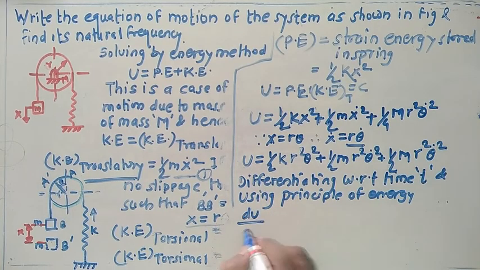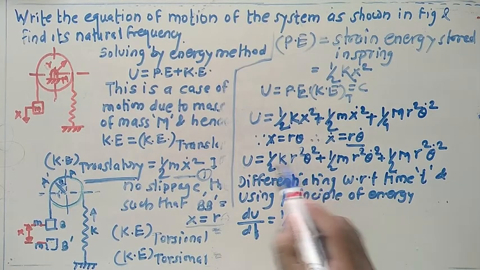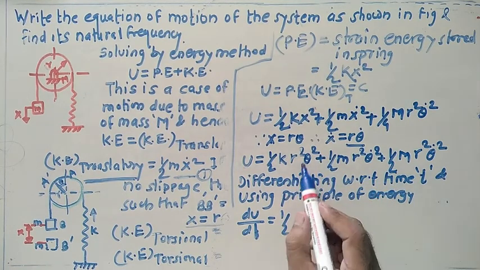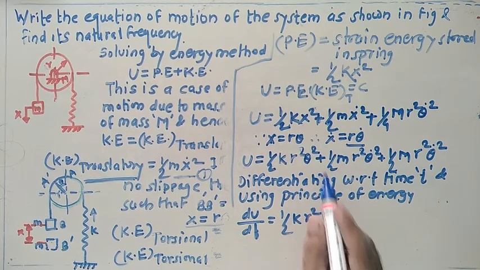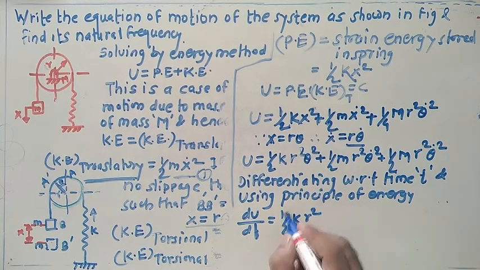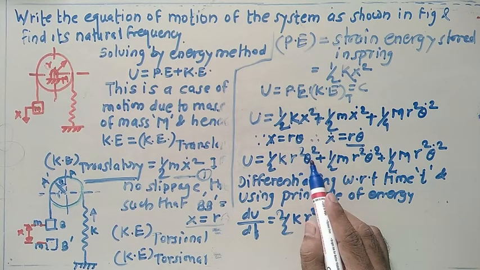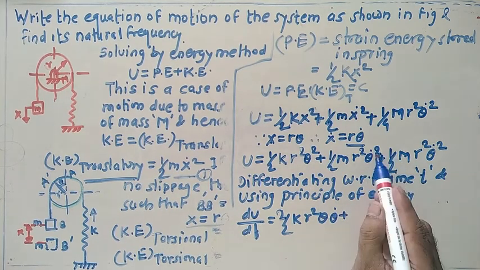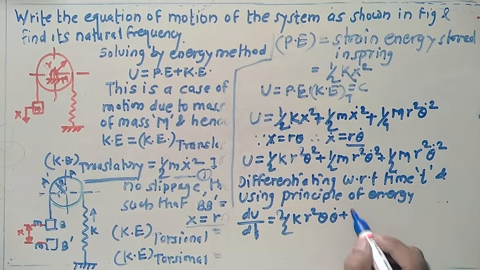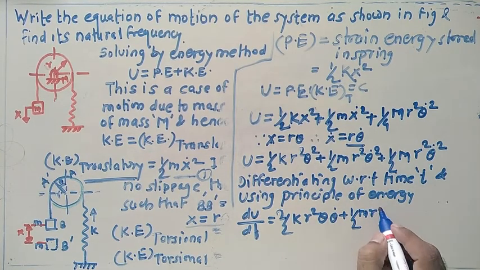So differentiate this: dU by dt equals 1/2. You have to differentiate this equation with respect to time t. These terms are constant, so keep the constant term as it is. So 2 will come here, 2 theta, derivative of theta is theta single dot. Plus next one, this term is constant, so write it as it is, 1/2 mass into r square.